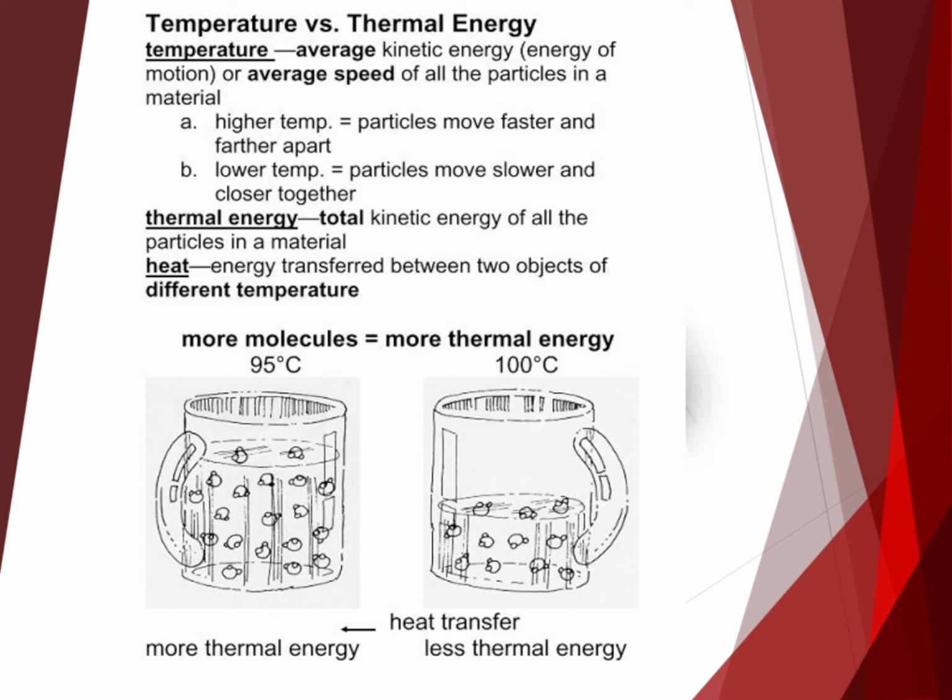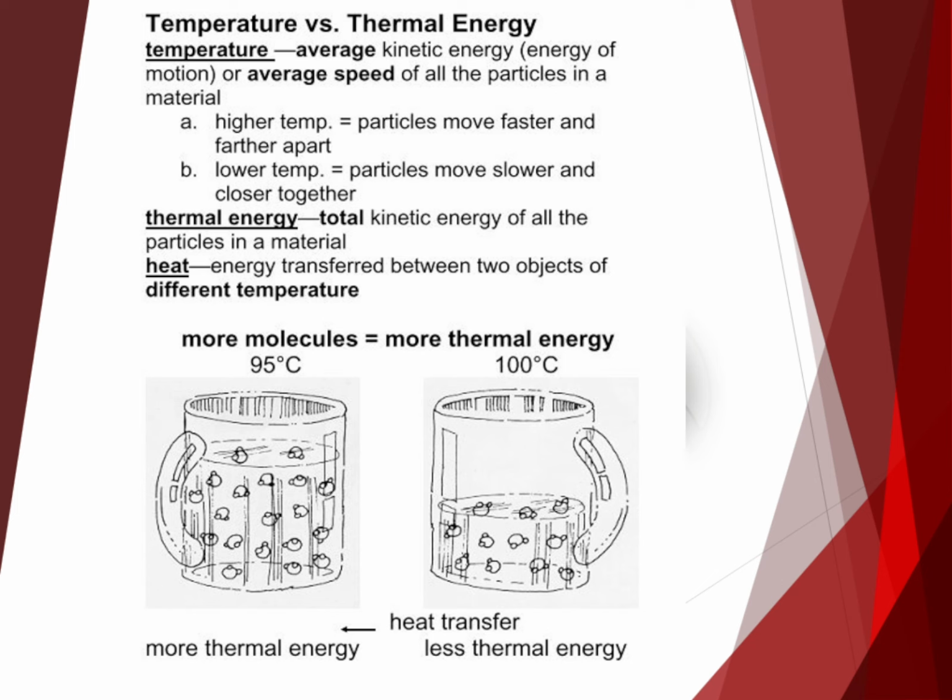Thermal energy and temperature are terms that have specific definitions in physics. The thermal energy of an object is the sum of all the kinetic energy of its molecules. Its temperature, on the other hand, is a measure of their average kinetic energy.